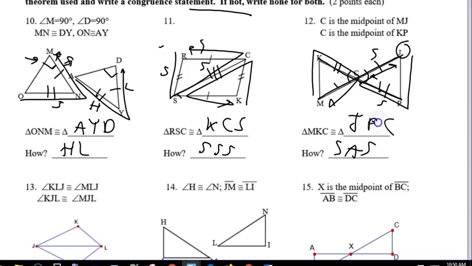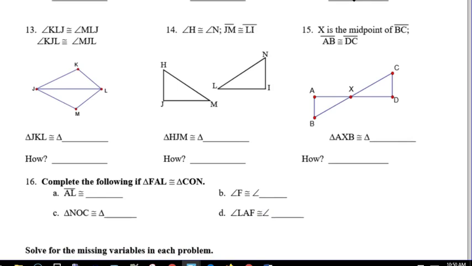JPC. Yeah, JPC. So just to double check. MKC. It starts at M, goes up no name, Highway 2, then Highway 1. So it starts at J, no name highway, Highway 2, Highway 1. So JPC. All right, next one.